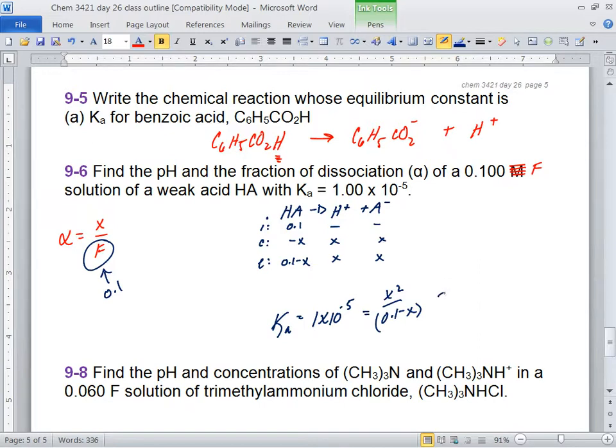I've done that before. And get your X. Substitute it in. Well, take the negative log of it. You'll have your pH, right?